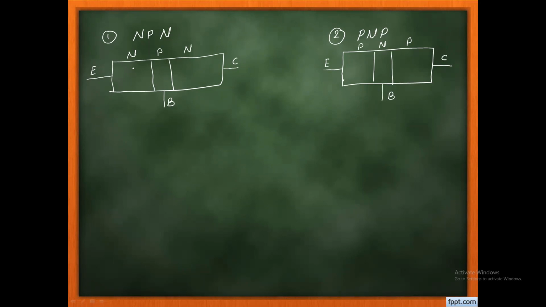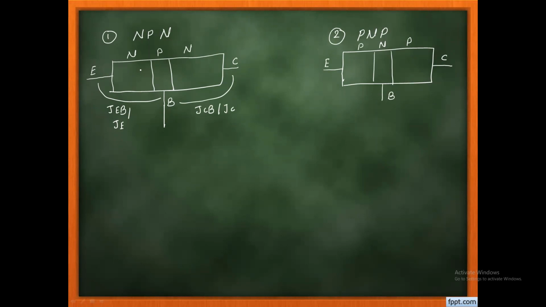Now, as you know, in every type of transistor, two junctions are there. One junction is in between emitter and base. We call it the emitter junction, or simply emitter junction. And another junction is present in between collector and base. Simply we call it the collector junction.